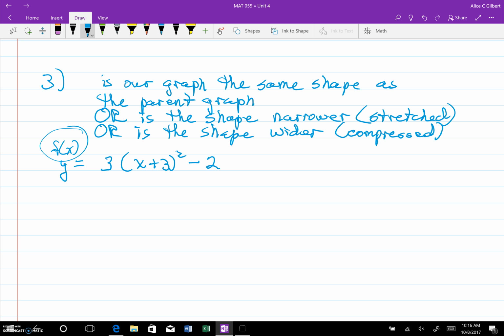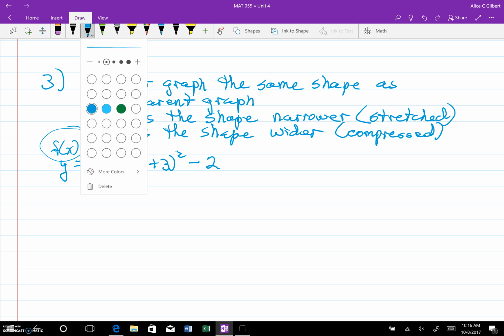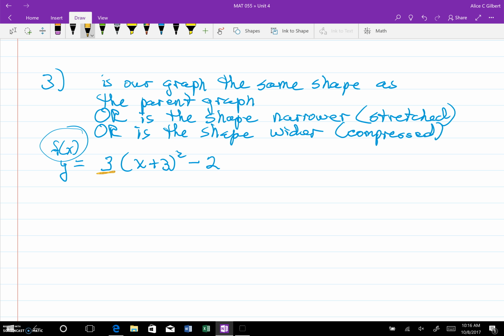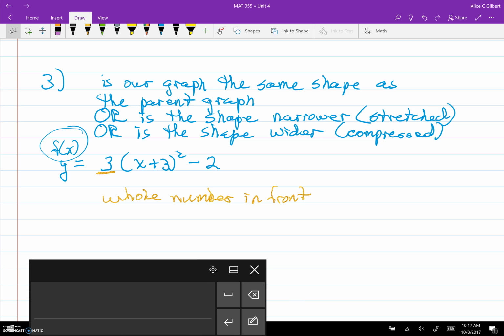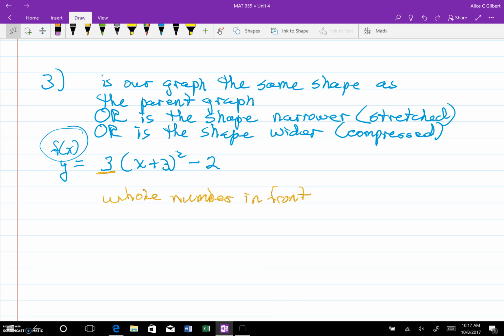Okay, so here's the thing. If we have a whole number in front, then it means that the shape of our graph is going to be narrower or stretched.